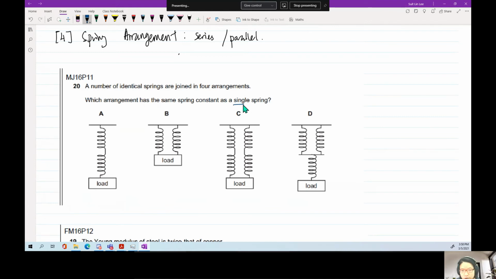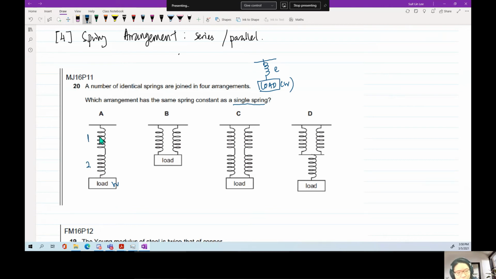All right, so a single spring here is a situation where you hang a spring and then you hang the load. And the extension here is E. Let's say the load is W, all right? So right now you have to imagine you are spring number 1 or spring number 2.